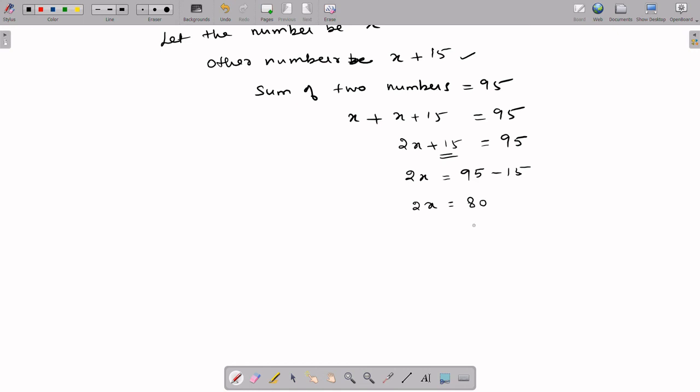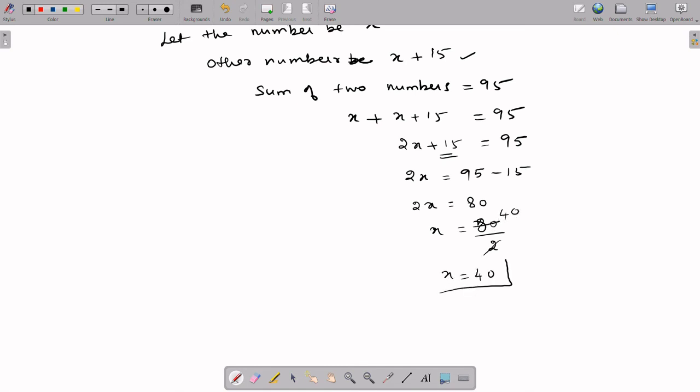And x is equal to, you take the 2 to the denominator because it is in product. So 80 divided by 2. 2x is equal to 80, so x is equal to 80 by 2, which is 40. X is equal to 40.